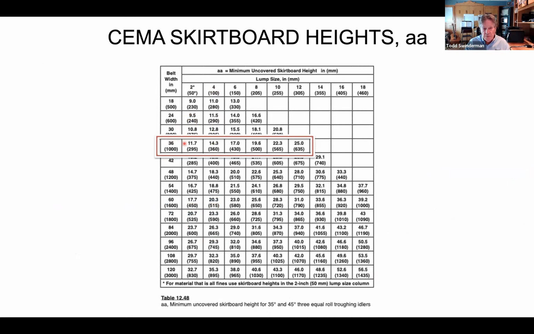For a 36-inch belt, if I've got 2-inch lumps or down to real fine material, I'd look at about 11.7, say 12-inch high skirt board sides. If I've got 6-inch lumps, I'd be looking at 17 inches high, and so on. And these charts are in the design guide of CEMA.